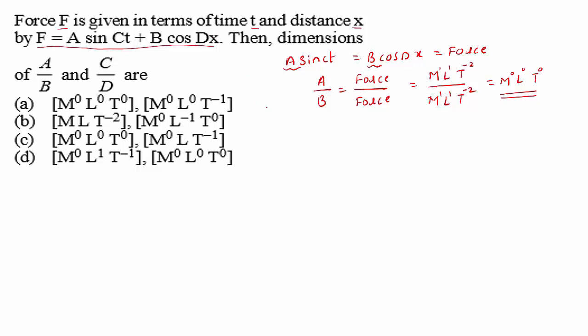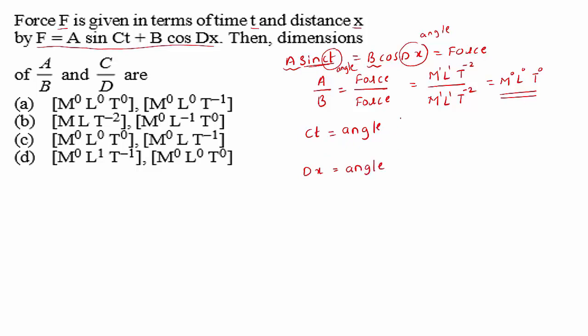I am going to write ct. Observe the equation A sin ct. Sin ct means it is equivalent to an angle. dx is also equivalent to an angle. Right? So ct equals angle. Similarly, dx is also equal to an angle.